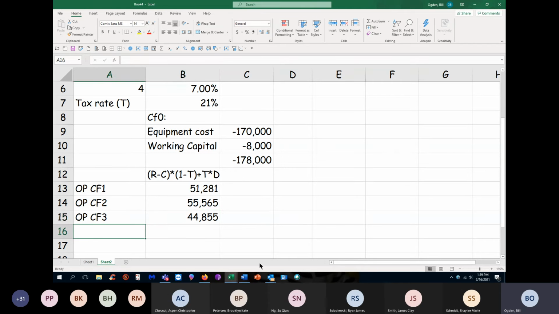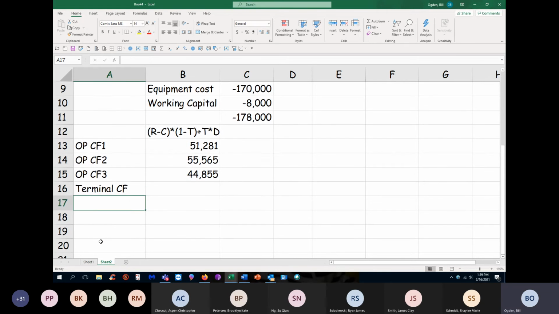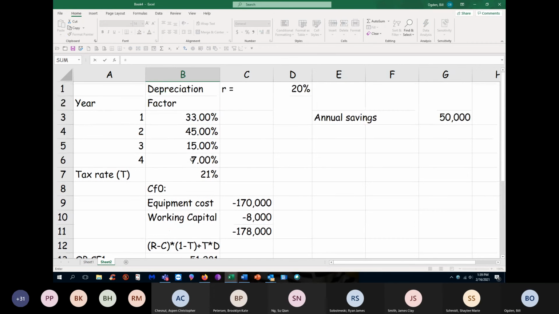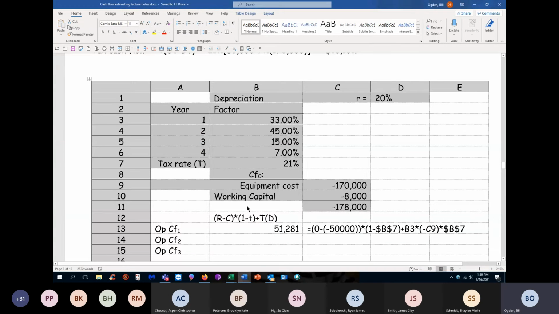Okay, so let's do, on the end here, terminal cash flows. Let's start out with the salvage. All right, and I'm going to call that equals, oh, do I not have that anywhere? Oh, we have to go get that. That's my fault. Let's go get that.